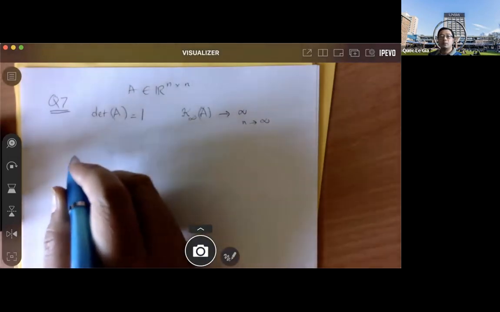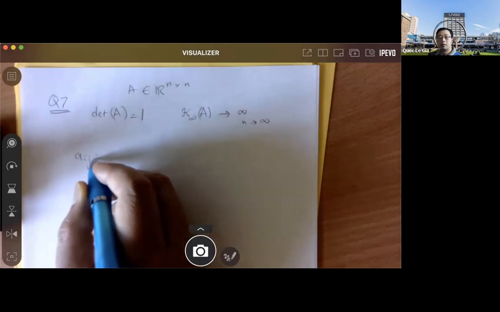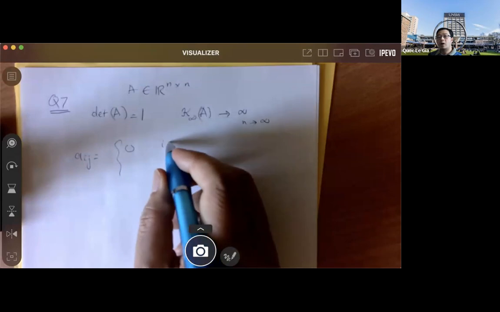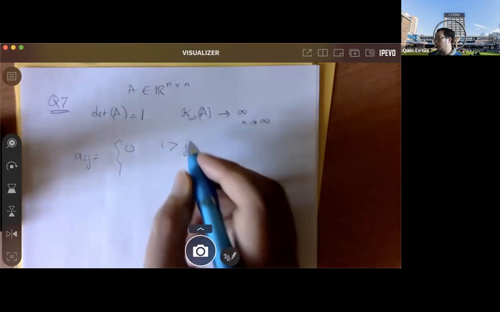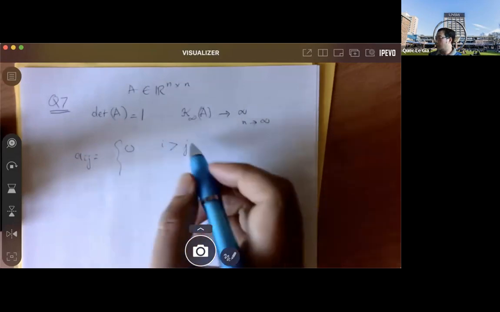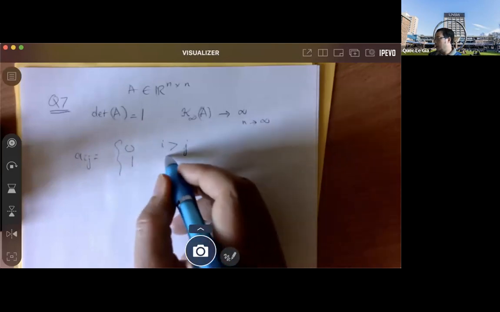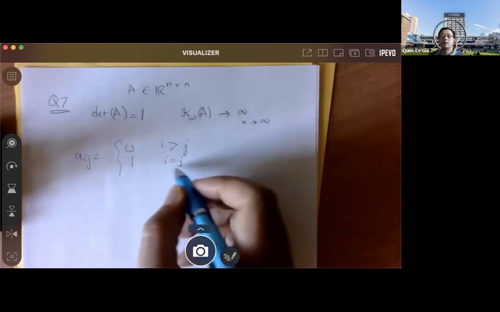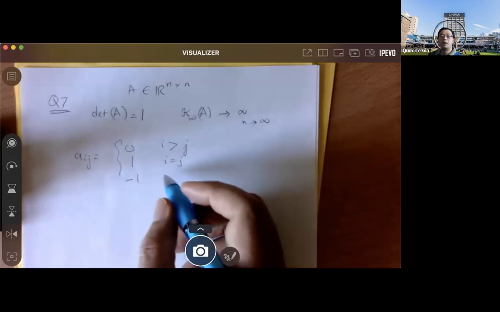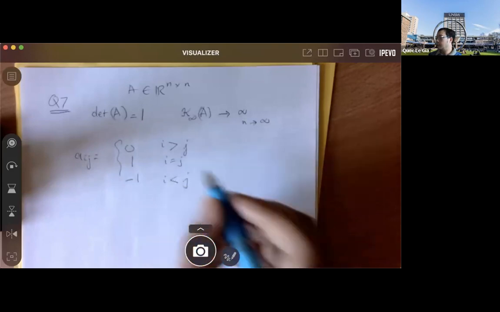We define the matrix A like this: Aij is 0 if it's lower triangular, I mean if the row is bigger than the column, where i is the row and j is the column index. If i equals j, on the diagonal, it just equals 1. And on the upper triangular, it just equals -1.